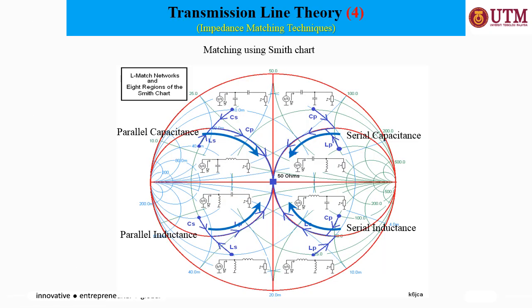Okay, this slide summarizes the components that may be included in the matching circuit if you have different X and B values. The right hand side here represents the 1 plus jx, and the other side is 1 plus jB.